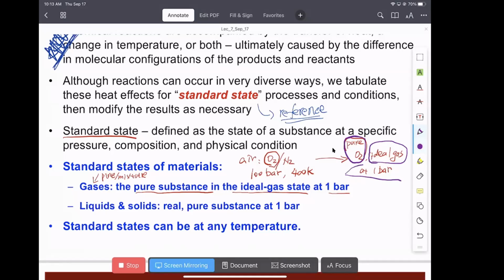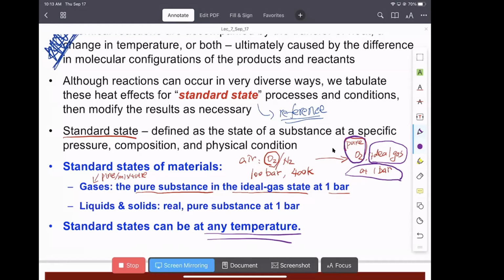And we need to specify this is at 1 bar. How about temperature? We don't mention anything about temperature. Temperature could be any temperature as long as we satisfy the assumption of ideal gas and we specify this is 1 bar. This is the so-called normal condition, right?